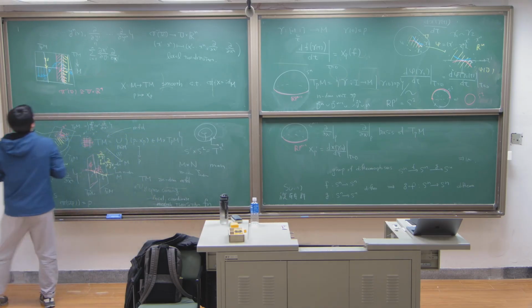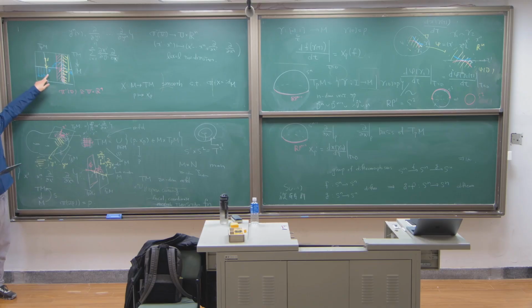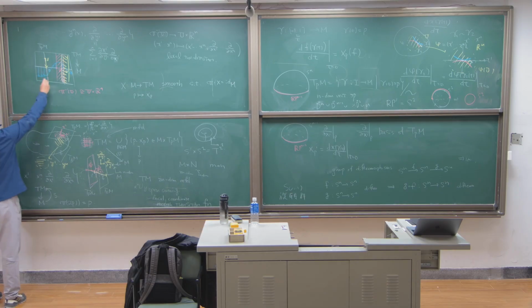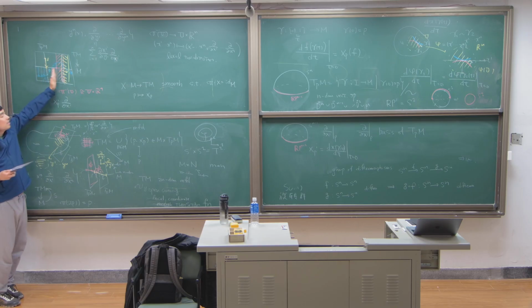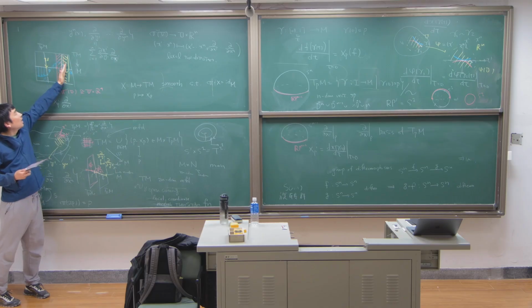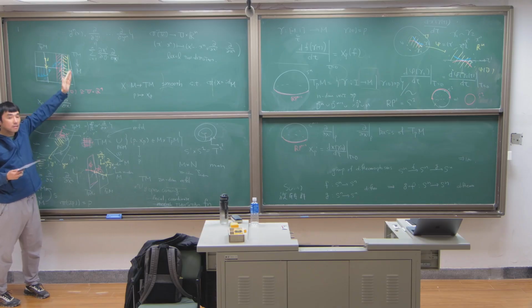So recall that at each point on the tangent space is a tangent vector. So at each point here is just XP, which is like XPi delta XI. So at each point P here is that tangent vector. And you just smoothly vary this tangent vector. Okay.